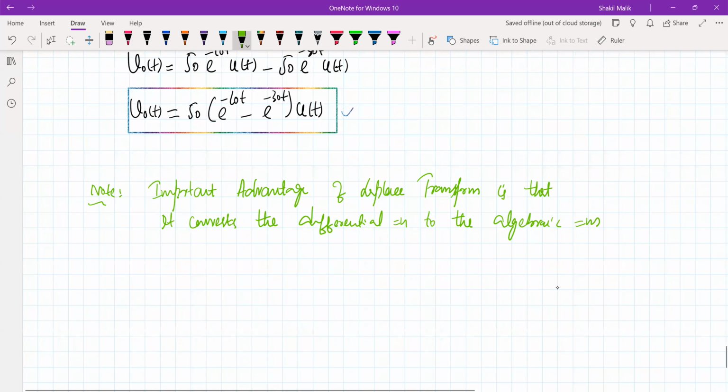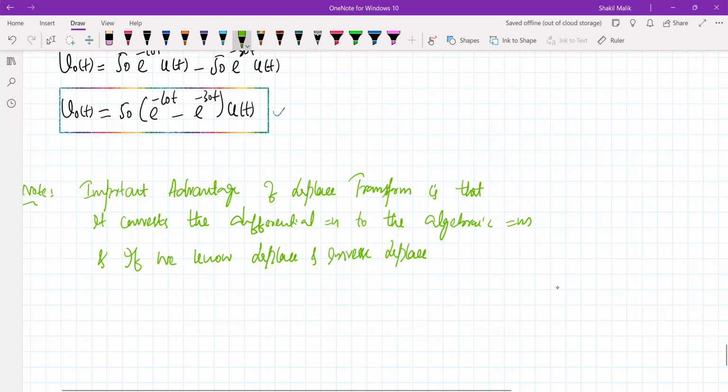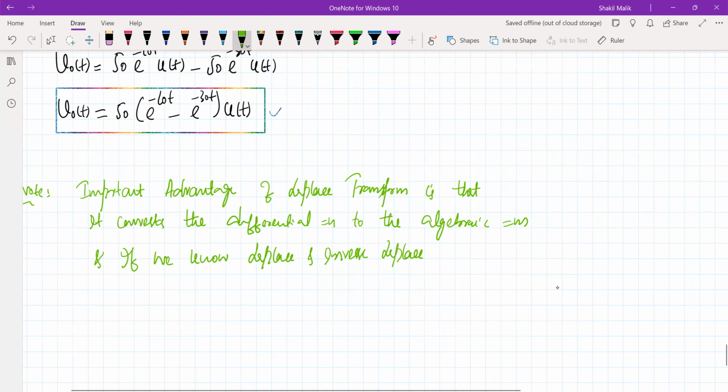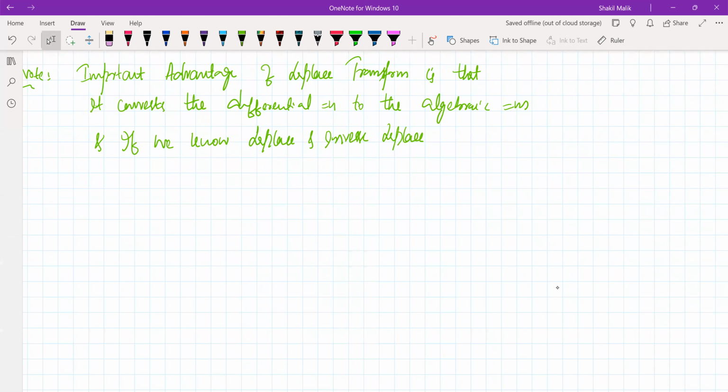And if we know Laplace and inverse Laplace transform, meaning how to use the Laplace and inverse Laplace transform of the different elements, the job is very easy. The task becomes very simple.